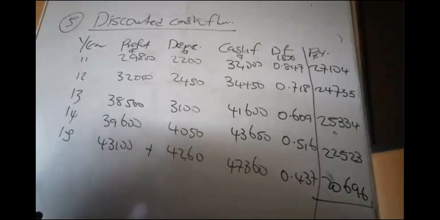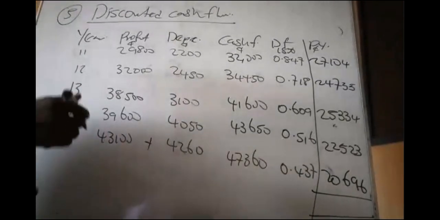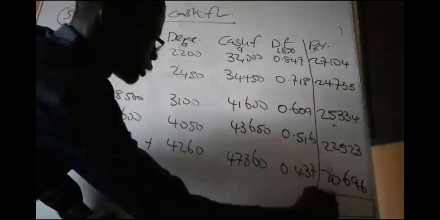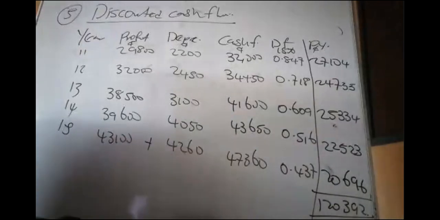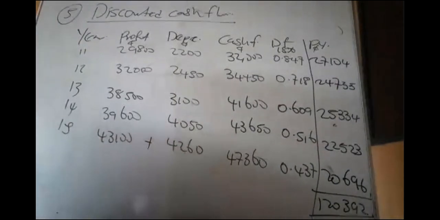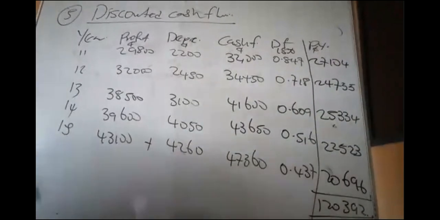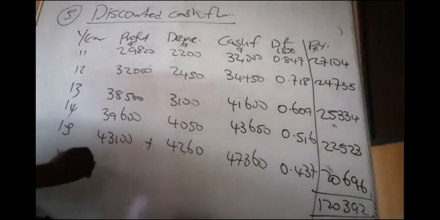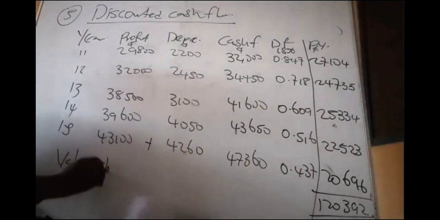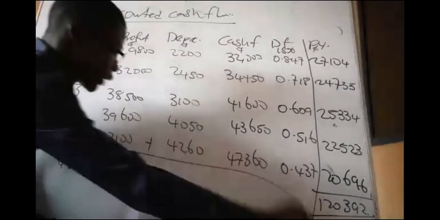So let's go down a little. 120,390. That is the total value. But here we are looking for the value per share. So therefore, value per share will be, this is not part of the calculation.